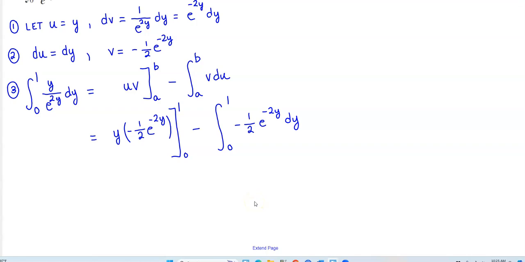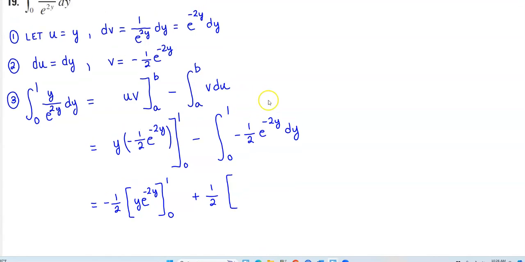Now let's just reorganize this a little bit. So we have negative 1/2, which we can call the constant, and then we have y e to the negative 2y going from 0 to 1. Okay, now we're going to factor out the negative 1/2 times that minus sign, which is going to be plus 1/2.